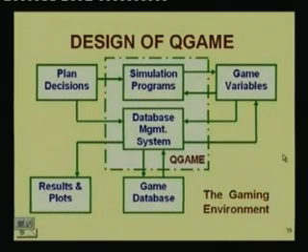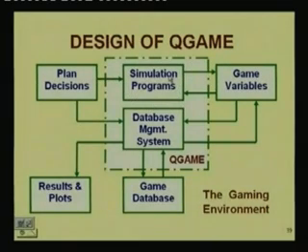As a player enters the plan decisions, they are entered into the database management system, which in turn stores them in the game database, and they are also entered into the simulation program, and the simulation program, along with the game variables which are stored in the program itself, executes.